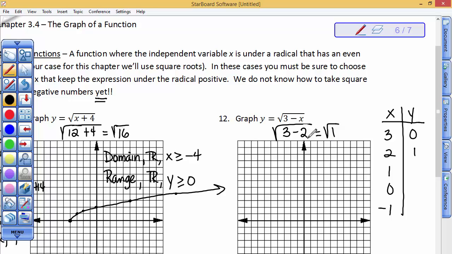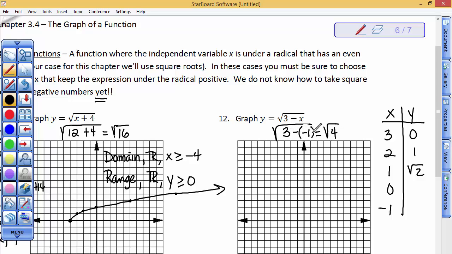What I'm really wanting next is for a 4 to come out here. So the only way to get a 4 is to put in a negative 1 for x. So 3 take away a negative 1 means 3 plus 1, which is 4. And the square root of 4 is 2.